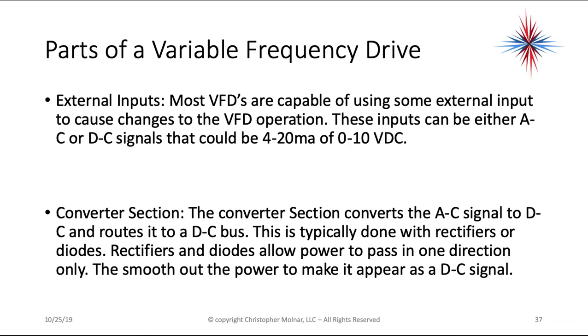All VFDs have a converter section. The converter section takes the AC signal to DC and routes it to a DC bus. This is typically done with rectifiers or diodes. Rectifiers and diodes allow power to pass in one direction only. They smooth out the power to make it appear as a DC signal.